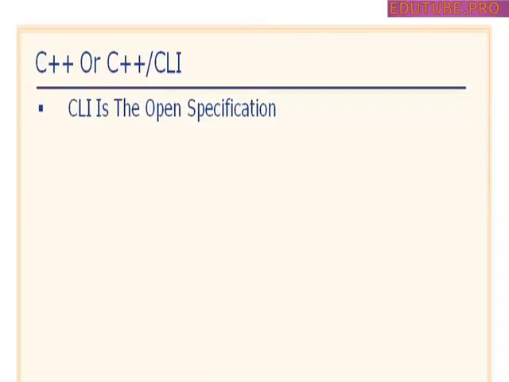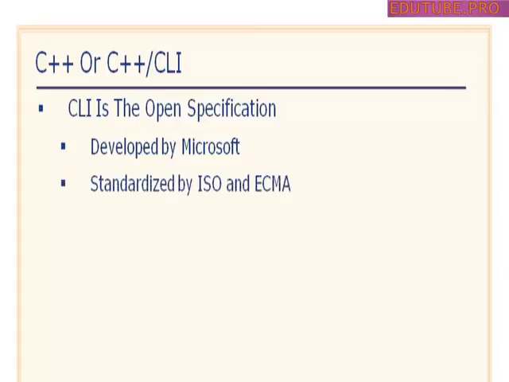Now, CLI is the open specification. Again, this was developed by Microsoft, and a lot of people out there think the CLR is Microsoft's version and the CLI is some magic open source version. Not so. The CLI is the open specification that was developed by Microsoft, and it was standardized by the International Standards Organization, ISO, and ECMA.